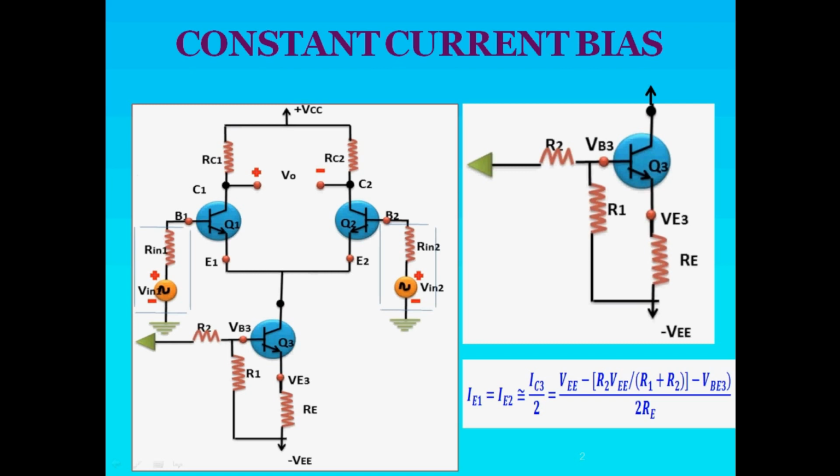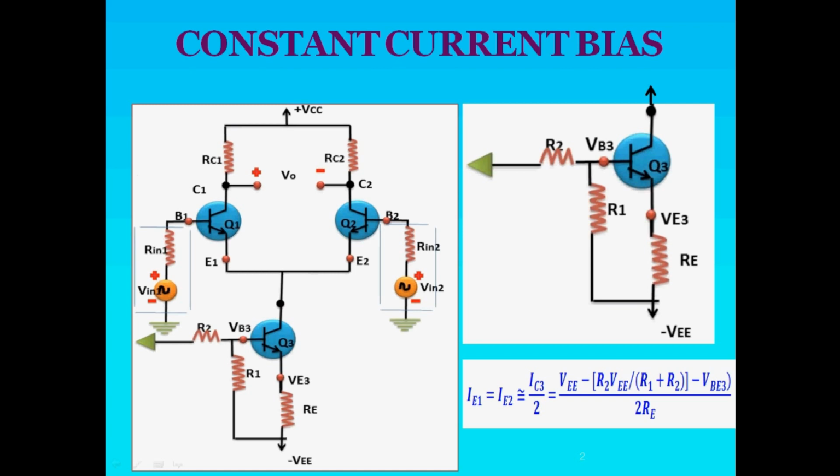Hence, half of the IC3 current is flowing into the emitters of transistors Q1 and Q2. This circuit will produce the constant output current IE3 flowing through the emitter resistor, as this is the emitter follower circuit. For this transistor, IE3 current is equal to IC3. Hence, we can say that the current IE1 is equal to IE2, which is approximately equal to IC3 by 2, and we already derived this equation in the previous lecture for the constant current bias circuit with resistive load.